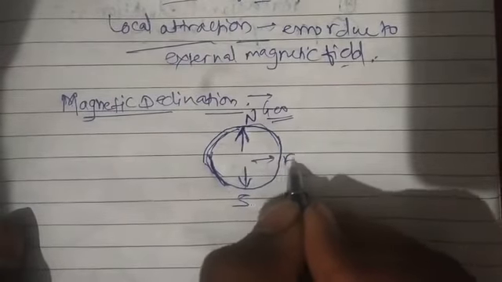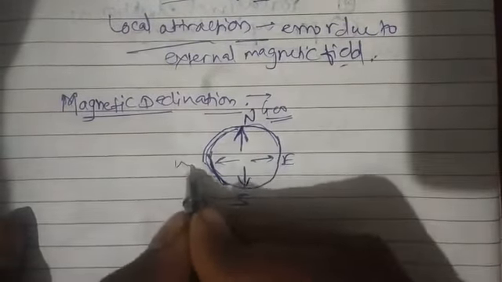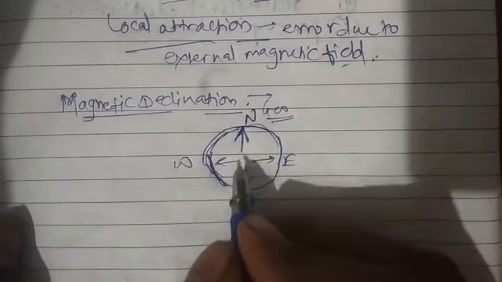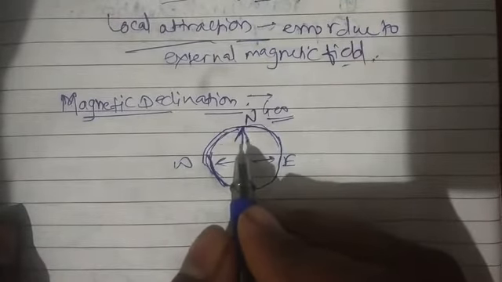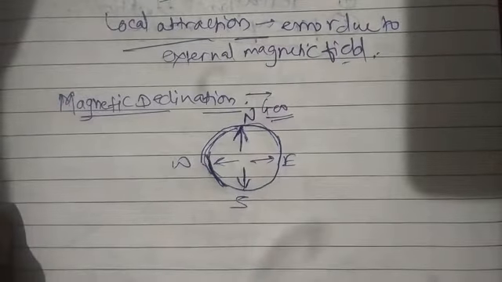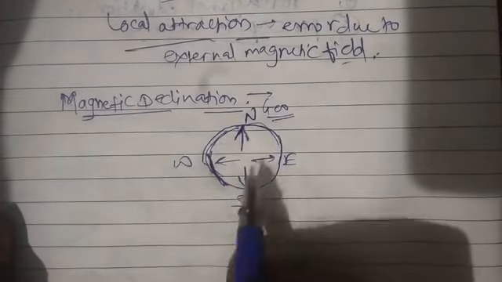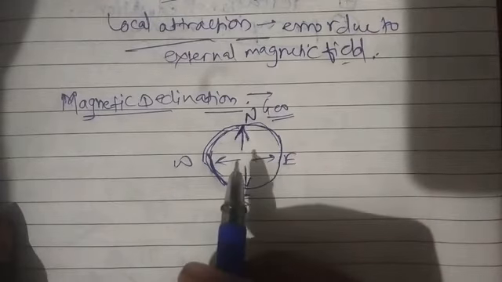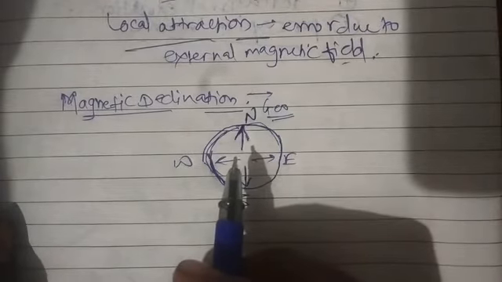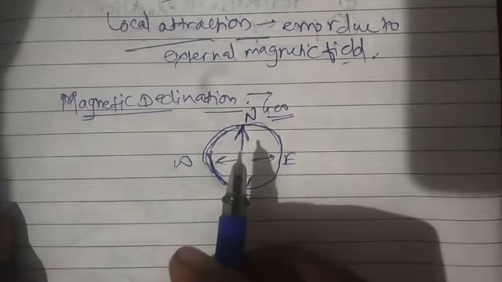This is east and this is west. These are the directions based on geography of Earth, or the spheroid or geoid of the Earth.